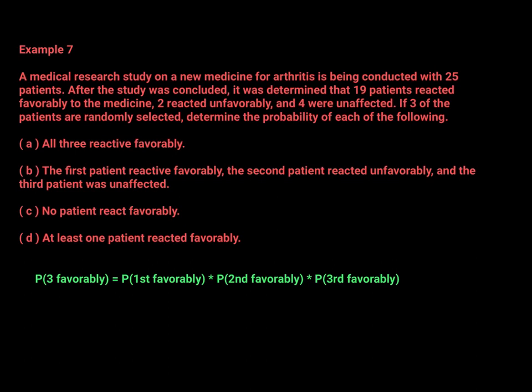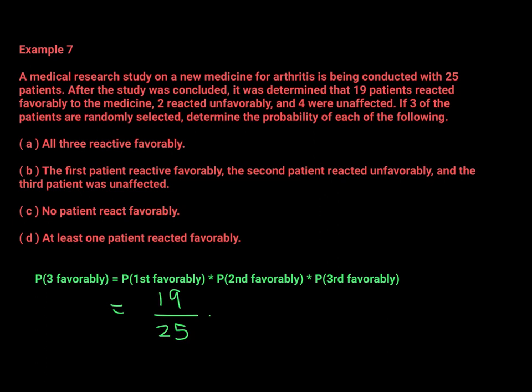All right, so here's our probability formula. All right, so here we go. So the probability that the first patient reacted favorably is going to be 19, right? They told us that 19 out of 25, 19 patients reacted favorably.